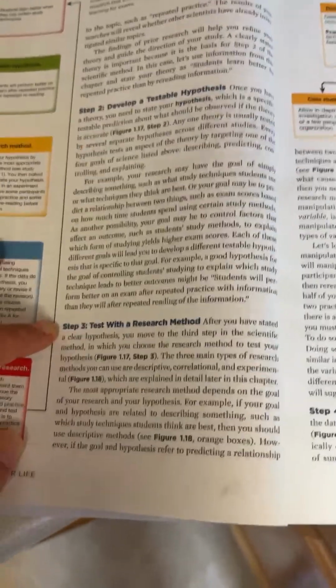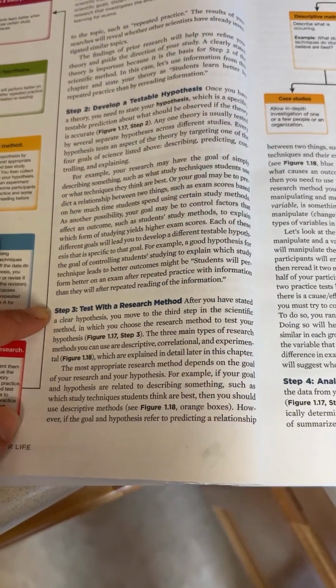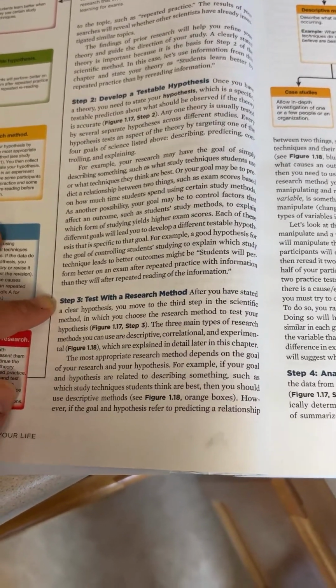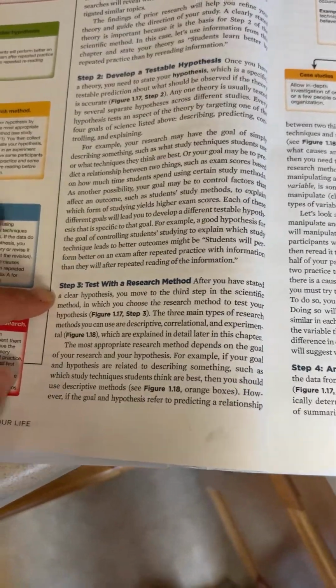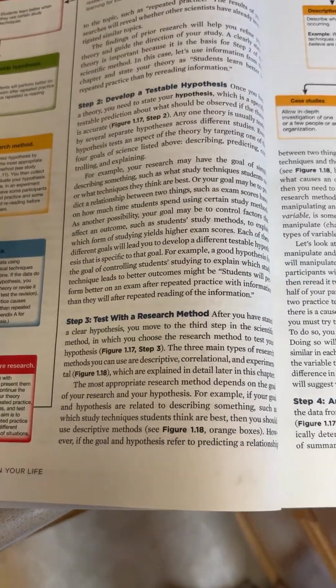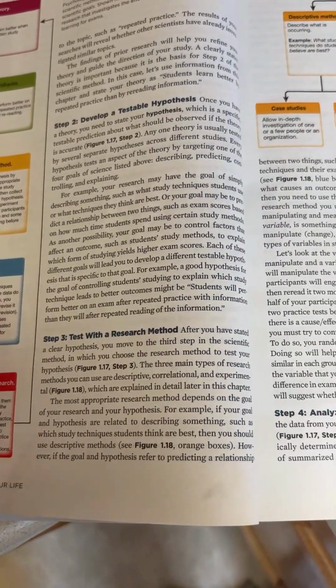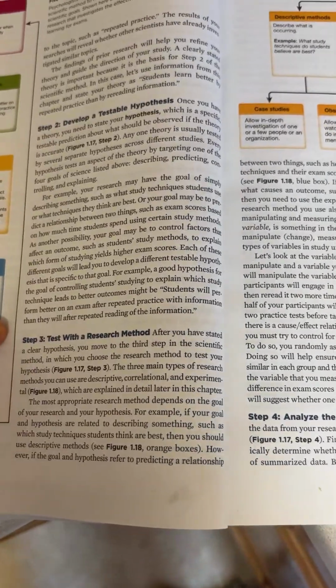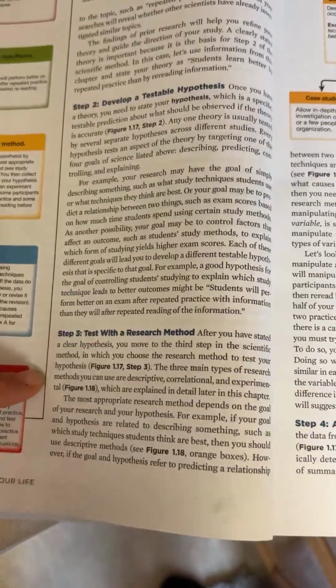Step 3! Test with a research method. After you have stated a clear hypothesis, you move to the third step in the scientific method, in which you choose the research method to test your hypothesis.